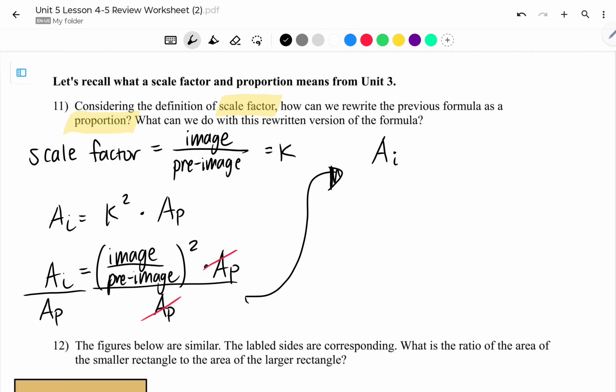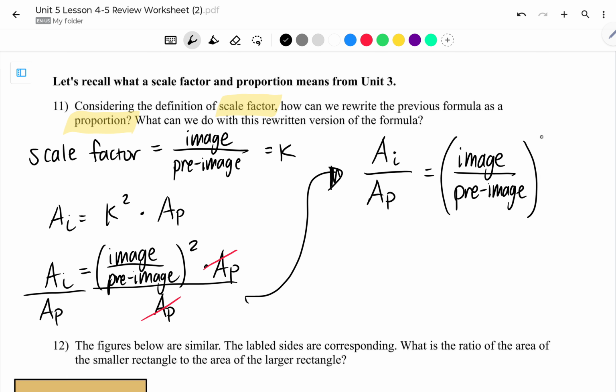The area of the image over the area of the pre-image is equal to any side from the image over a side from the pre-image. And then there's one more thing, right? You have to square the sides. Okay, you have to square the sides. So now you get this kind of proportion.